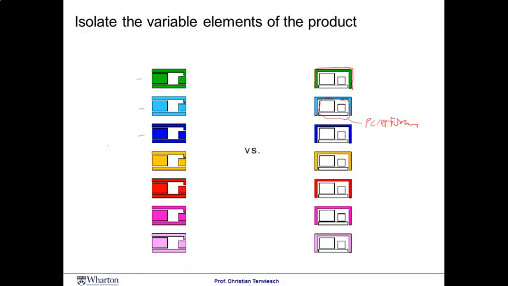Isolating the color in one part refers to a modular product design. That casing around my product does nothing other than creating the appearance of color. I've isolated the function colored to one specific component. This is the definition of modularity.